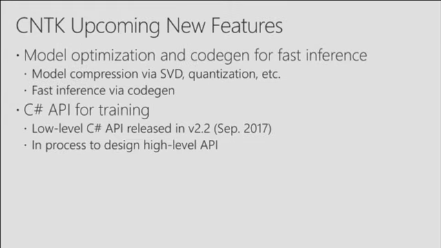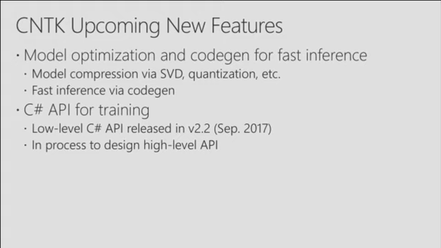Let me mention a few other upcoming new features in CNTK. Number one is a model optimization and codegen framework for fast inference. One of the things we learned when talking to all these first-party Microsoft customers is that they really care about running these trained models fast in order to ship them into, say, Bing or Cortana.